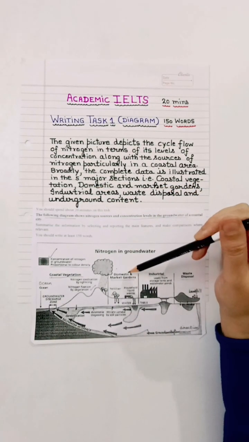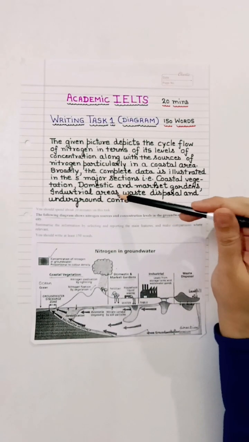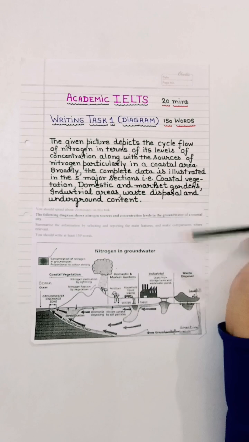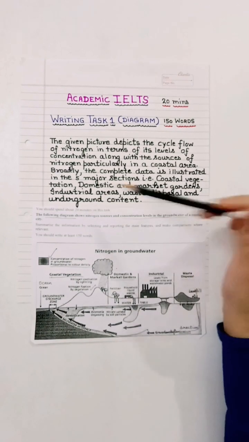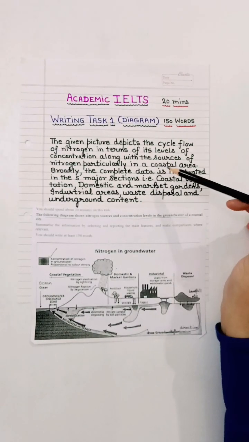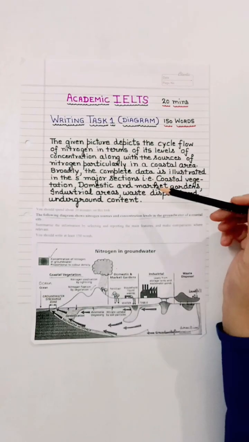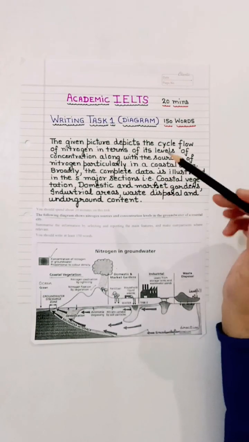From here only we are copying. Industrial areas, not to forget this word, comma, waste disposal I have taken from this, and the joining word, underground content. So this makes the best introduction and it can grab you more than 8 bands.